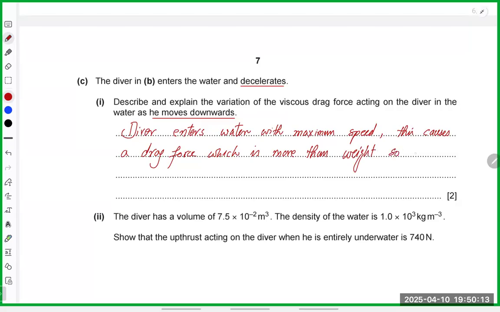So diver slows down and drag force decreases on him.